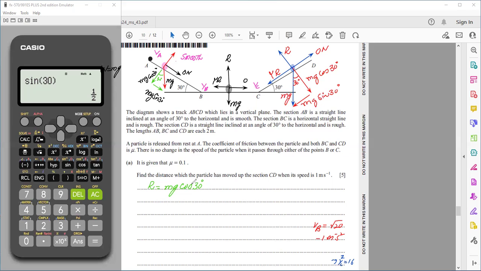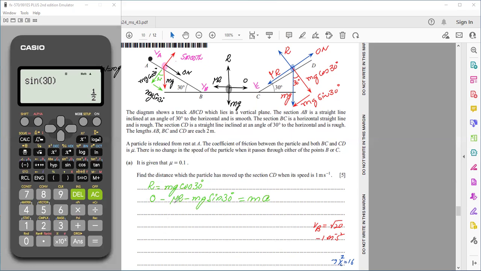Now I'm discussing the motion from C to D. What will you do? Here you have 0 forward force, minus the backward forces, there are two backward forces, mu times R and mg sin 30 degree, is equal to the mass of the body times the acceleration a.